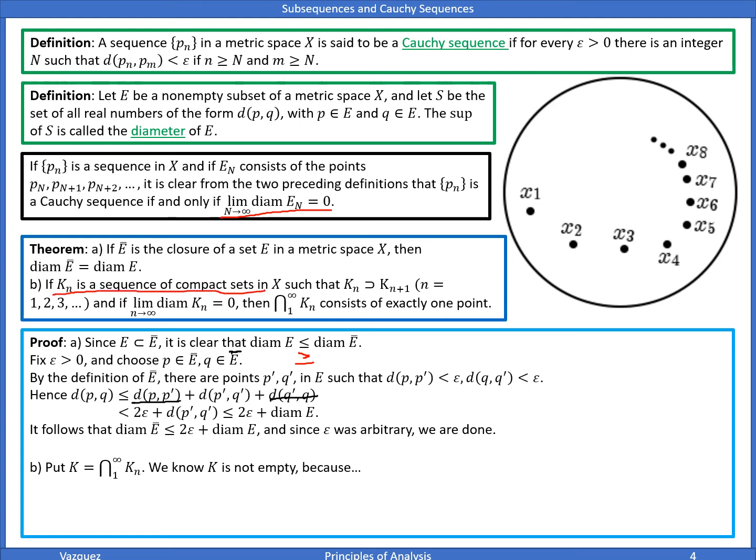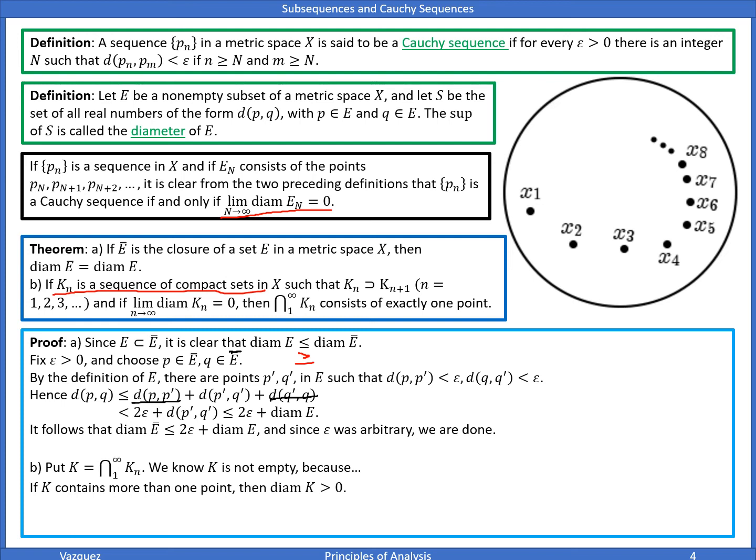And we know K isn't empty. And why is that? Well, we actually saw a theorem in the section on compact sets telling us that if K sub n are compact sets, the intersection is non-empty. So if it helps, go back and look at that theorem. But we know that this infinite intersection is not empty.